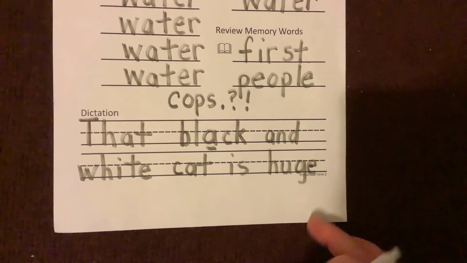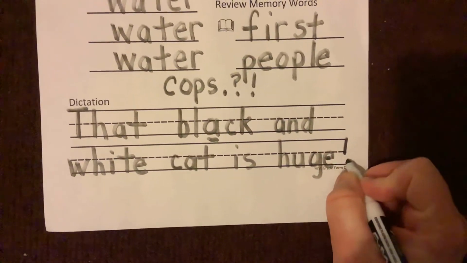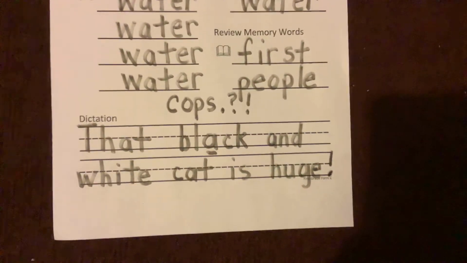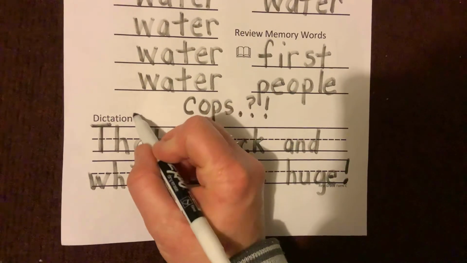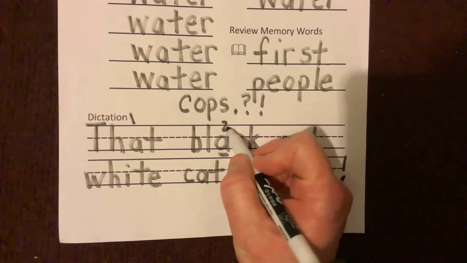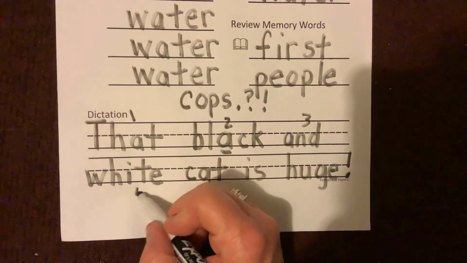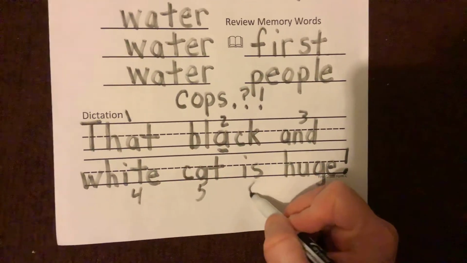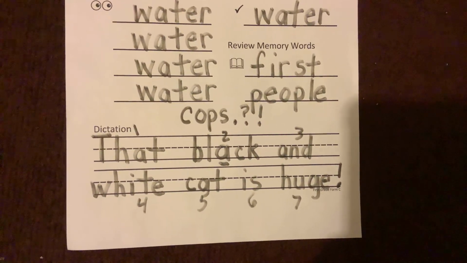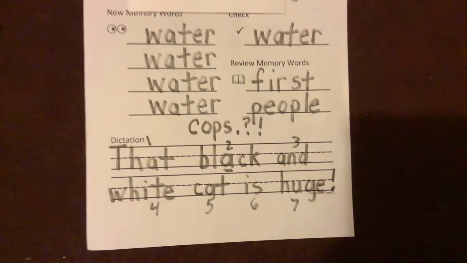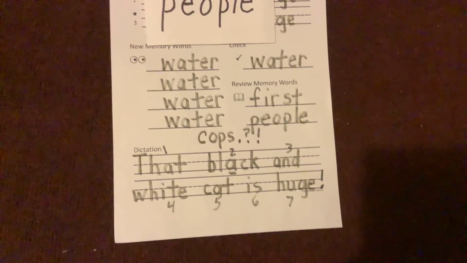That black and white cat is huge. Exclamation point today to show expression. Ooh, we didn't count our words. 1, 2, 3, 4, 5, 6, 7. That black and white cat is huge. All right, good job today, boys and girls.